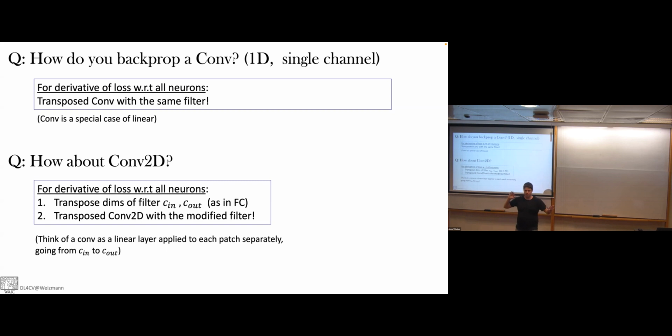Are we good at this point? So I roughly do the same thing, and I need to transpose the C out with the C in lowercase h, lowercase w. But for the spatial dimensions, I need to sort of maintain the same locations.